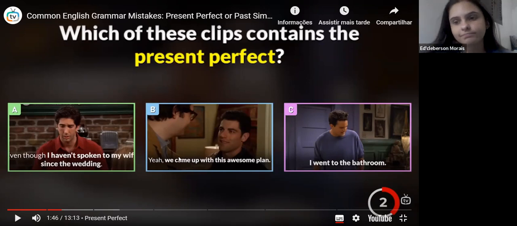So B and C are simple past. So the present perfect is letter A. It's the present perfect in the negative. Haven't spoken. Remember? We need the auxiliary have and the past participle of the main verb. In this case, it is speak, and the past participle is spoken.